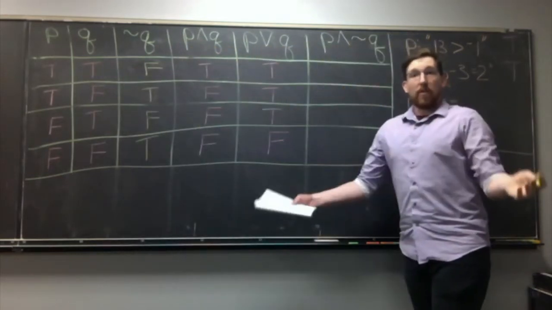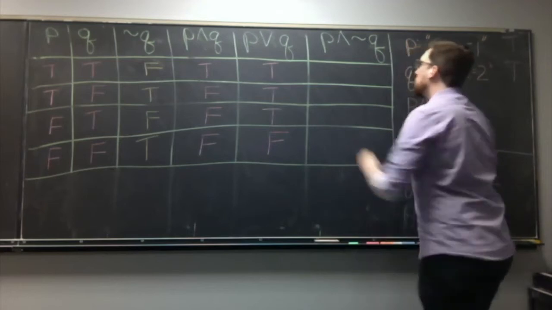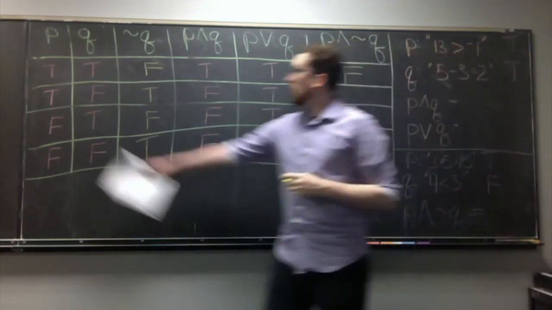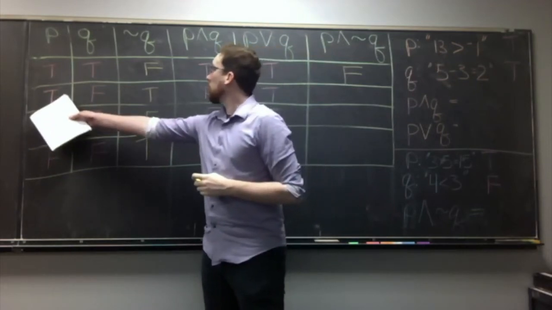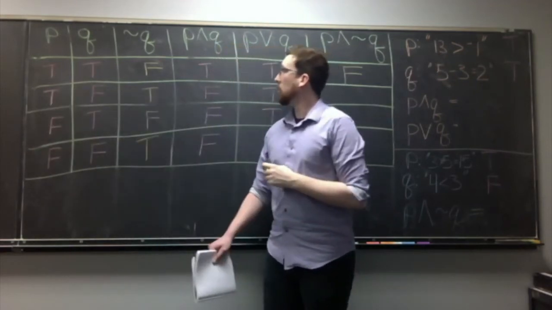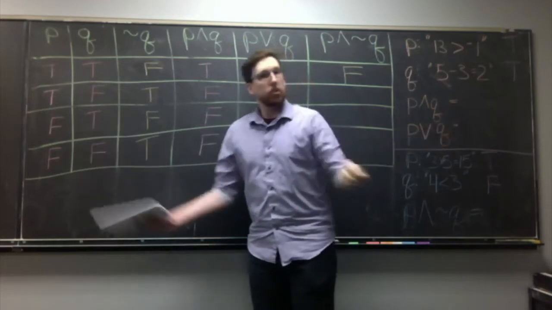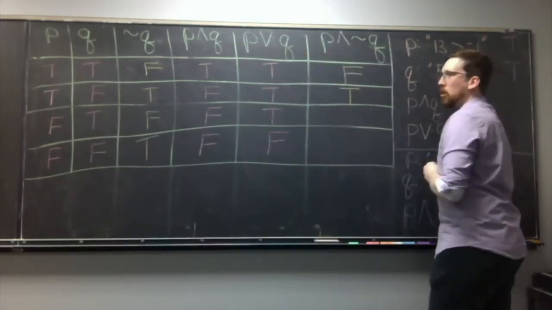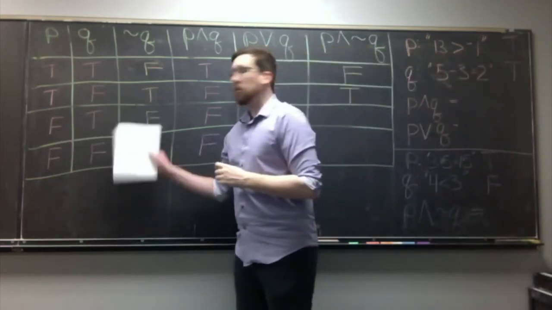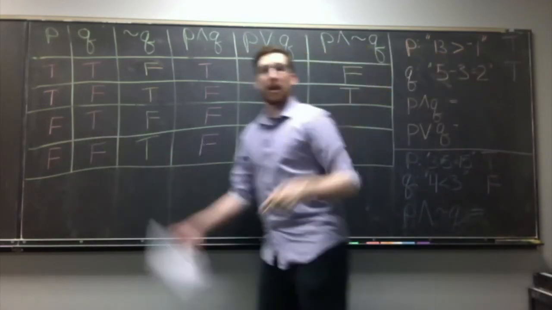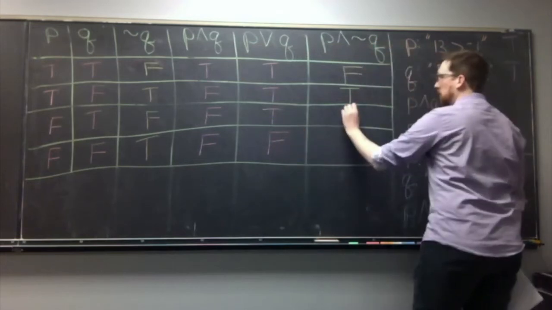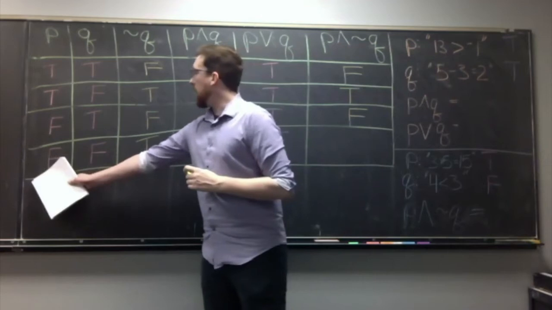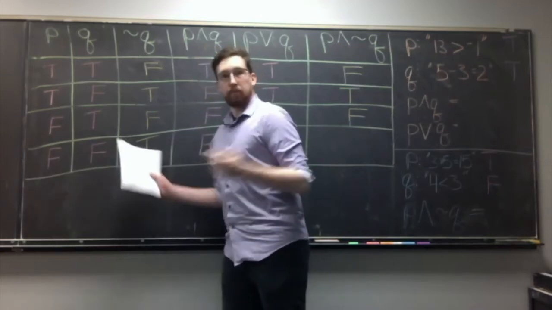Well, true and false is still false. For true and true, well, that's true. For false and false, it's still going to be false, right? False and false is false. And finally, we have false and true, which is still false.